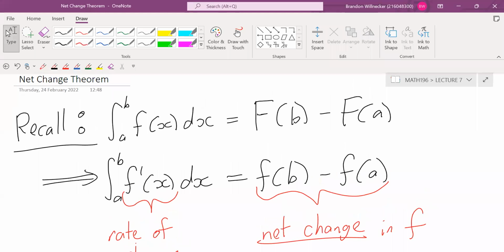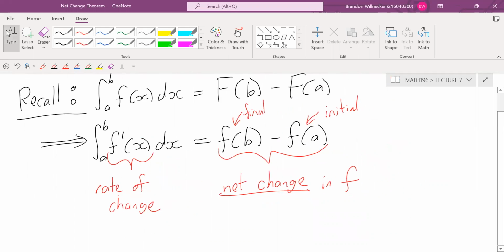You know, like b is the upper bound and a is the lower bound. If we think of it as time, b could be the final time and a could be the initial time. So this would be final minus initial. And what do we call final minus initial? We call that the net change. Okay, so we have something like that. So a quick little example.